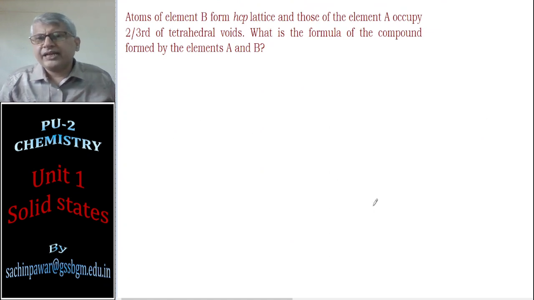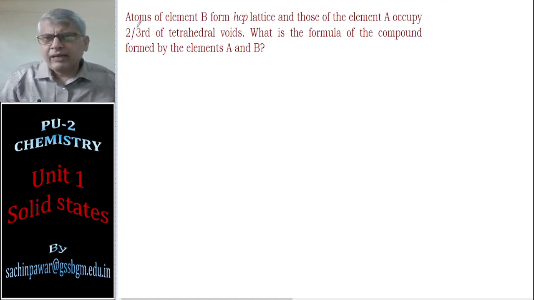Okay, so this is the next problem. I'll just quickly read it. Atoms of element B are forming HCP. Those of element A occupy 2/3 of the tetrahedral voids. What is the formula of the compound?